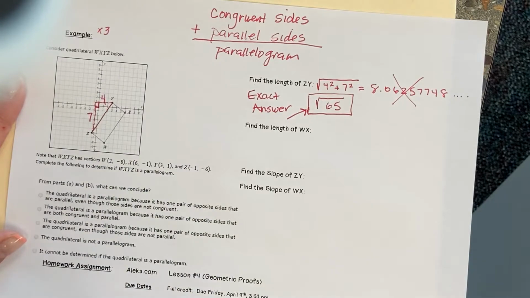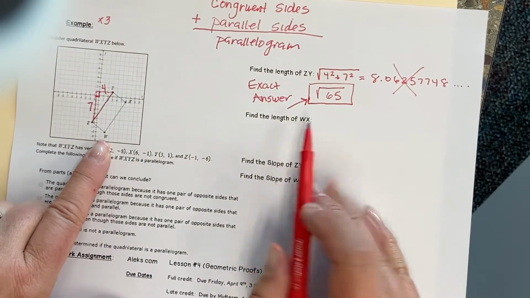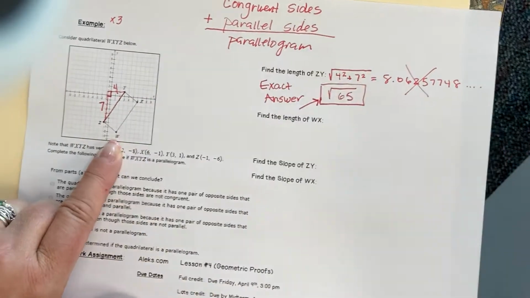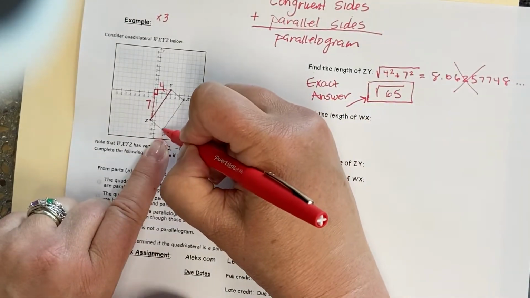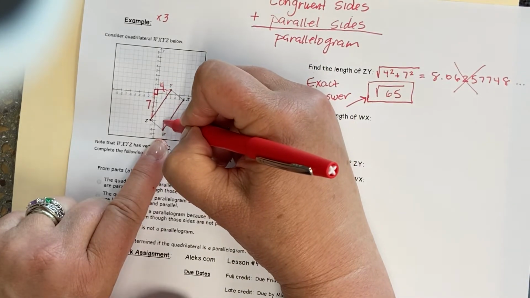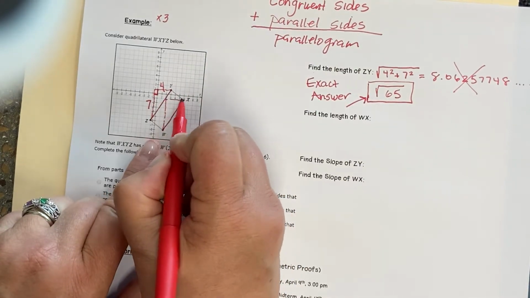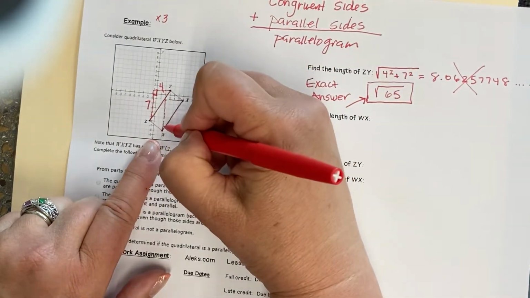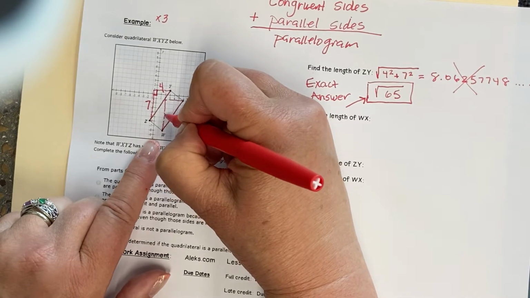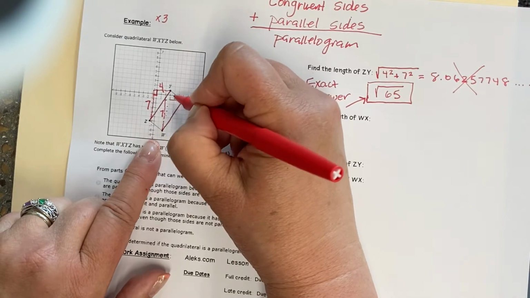Okay. Then the second thing says, find the length of WX. So WX is that diagonal one right there. We're going to use the Pythagorean theorem again. We're going to find the legs; we're just going to count them. 1, 2, 3, 4, 5, 6, 7, and 1, 2, 3, 4.